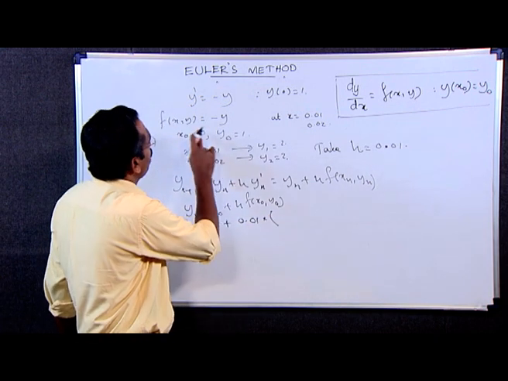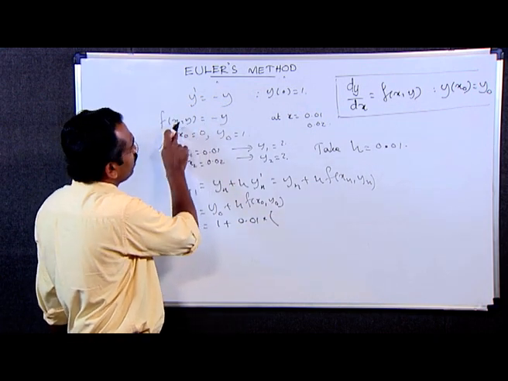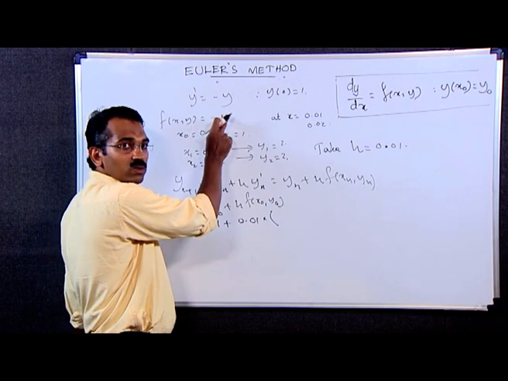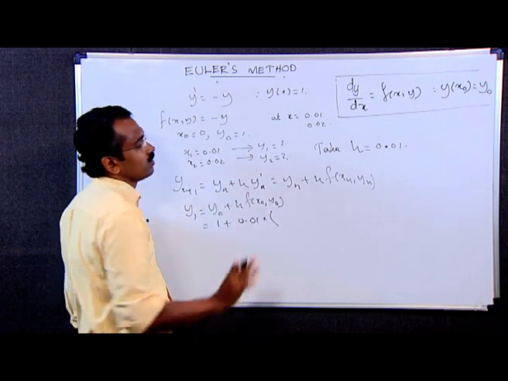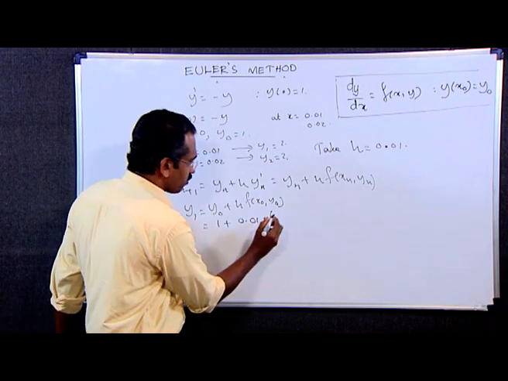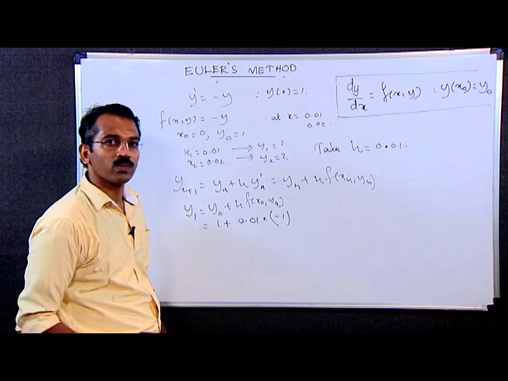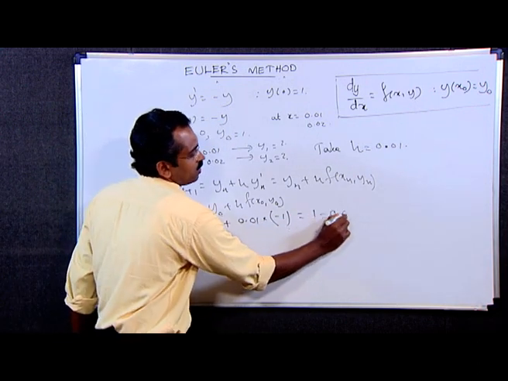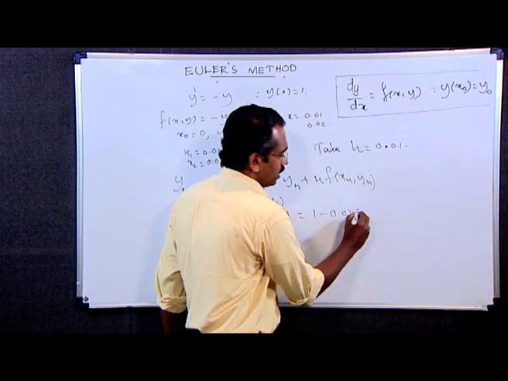In this case f(x, y) is minus y. Therefore, f(x naught, y naught) means minus y naught, and y naught is 1, so minus 1. This is equal to 1 minus 0.01, that is 0.99.